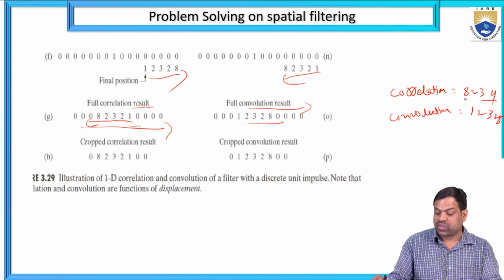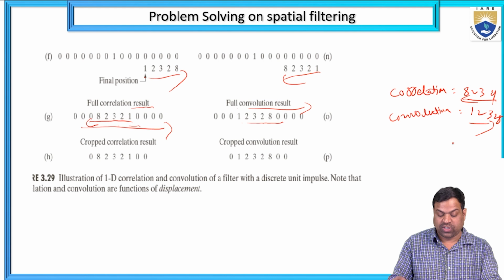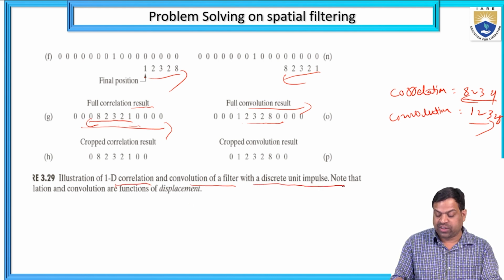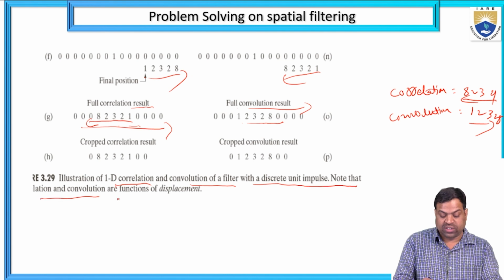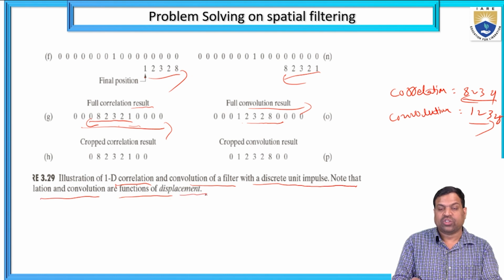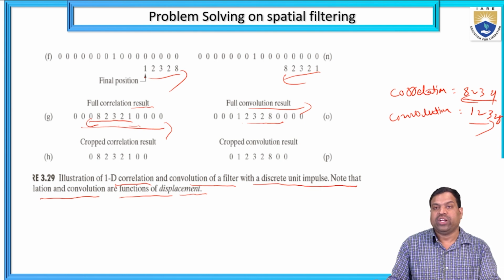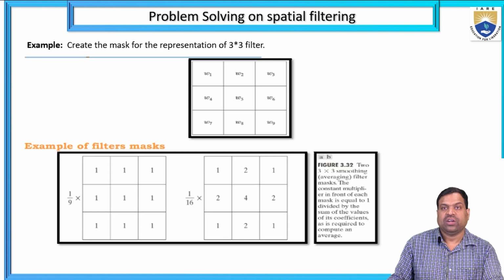So exactly a reverse order to the correlation, that is a convolution. And it is a 1D correlation or convolution of a vector with a discrete unit impulse. Note that it is a convolution and correlation function of displacement. It is one example of correlation and convolution with a given matrix with mask values.